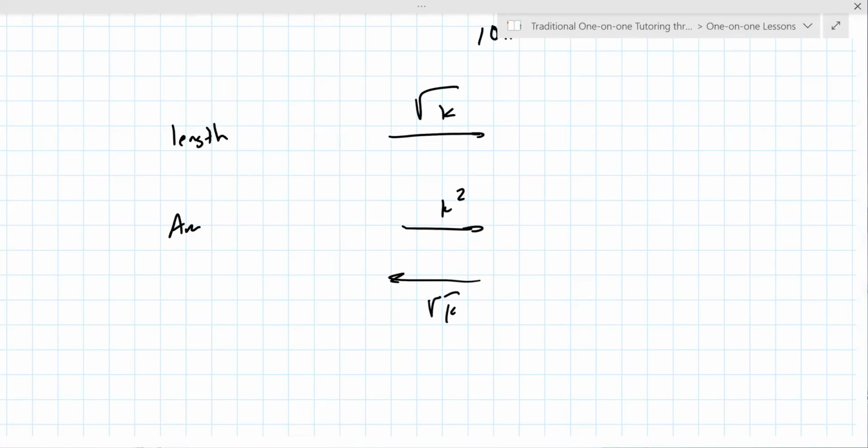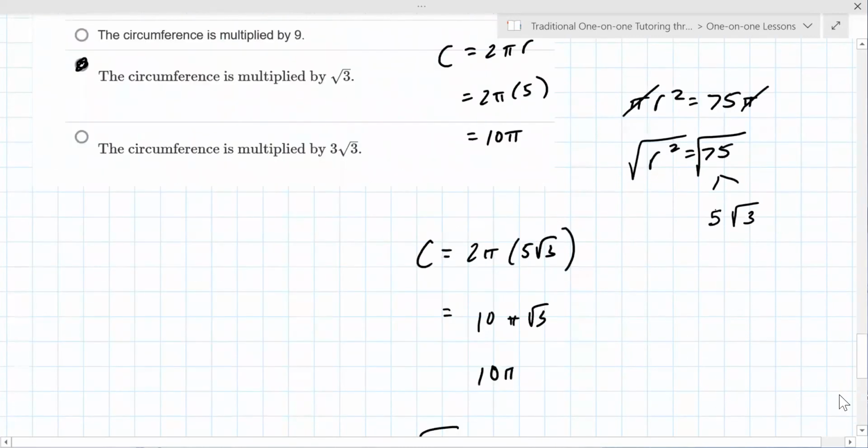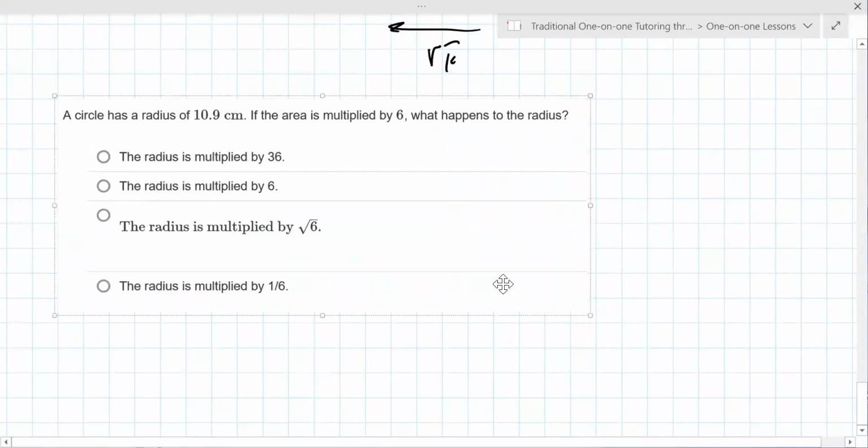I see. Okay. So kind of just an extension of that last problem that we did. Again, let's just go back and look at it real quick. The area was tripled. So the circumference was multiplied by the root of 3, the root of k. Here the area is multiplied by 6.